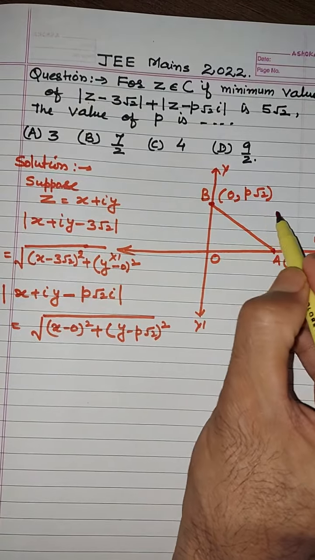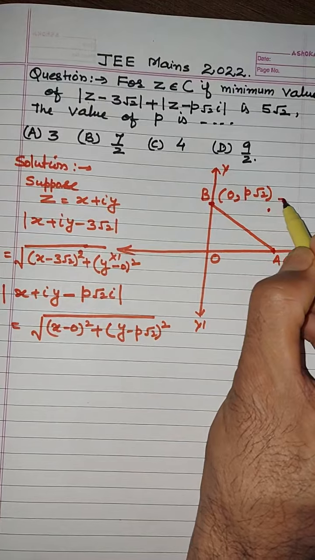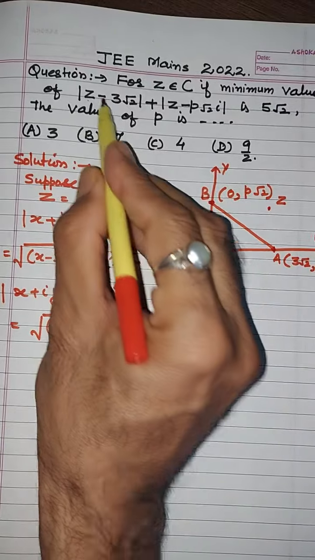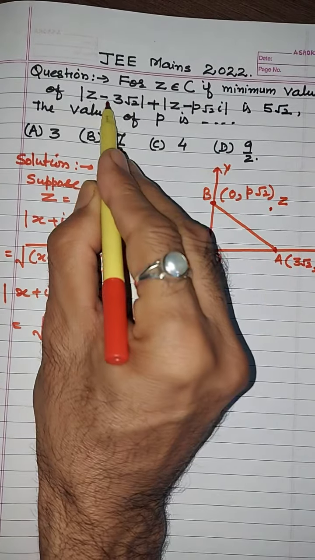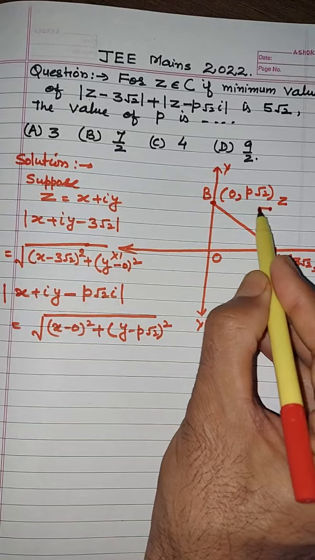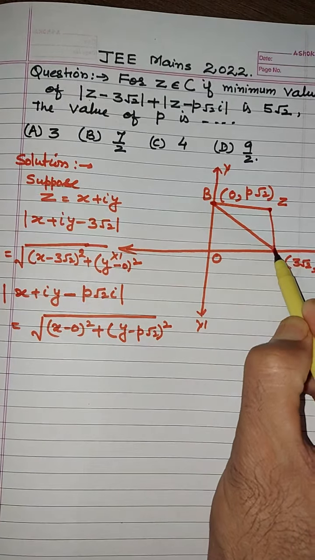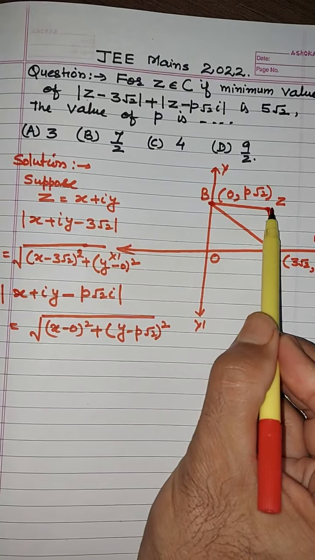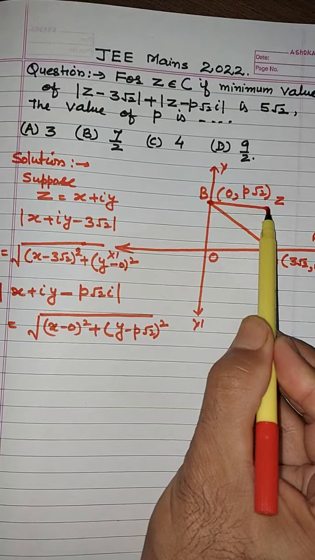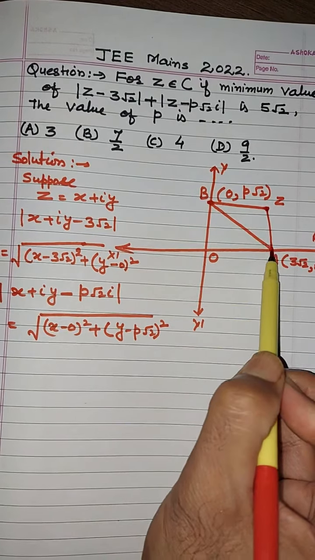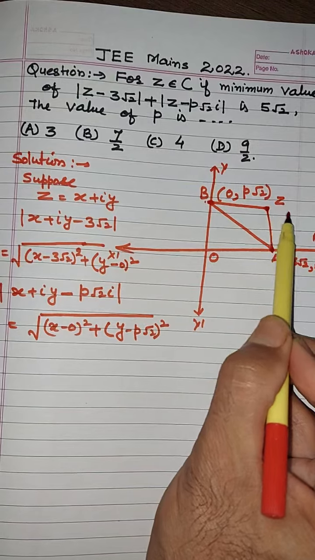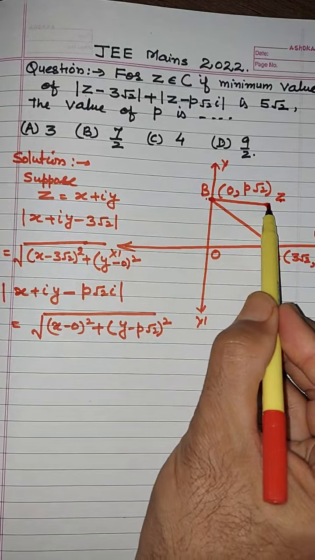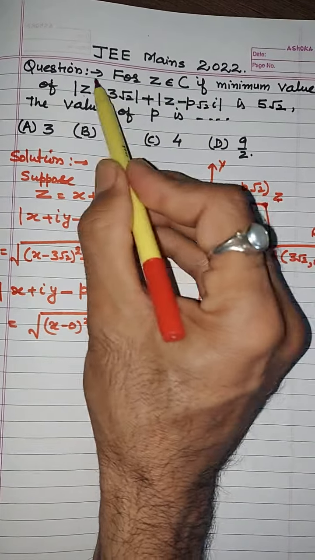We are given that modulus of z minus 3 root 2 plus modulus of z minus p root 2 iota. It means z is any point in the plane, and this represents the sum of the distances of the complex number z from the points A and B. This sum will be minimum.